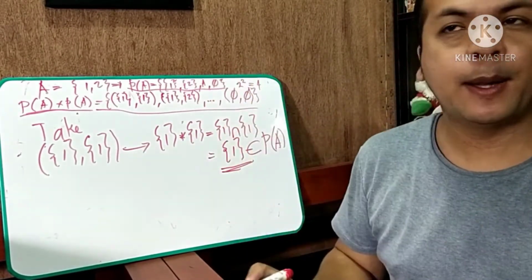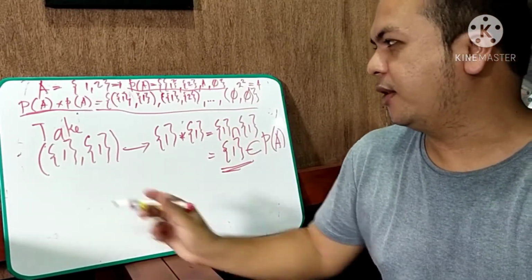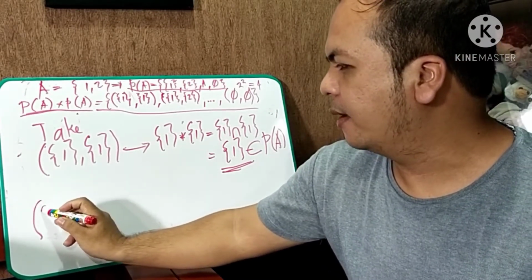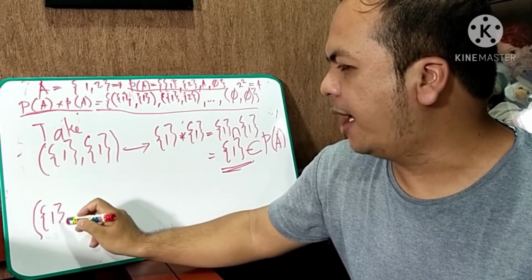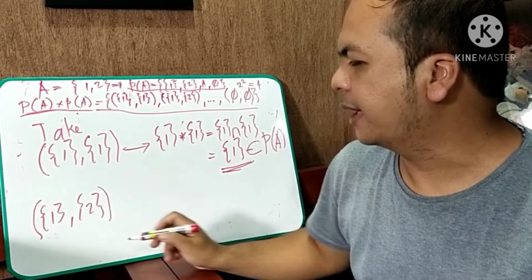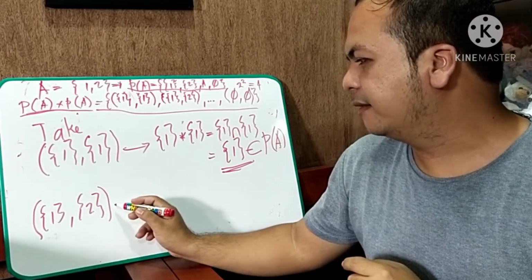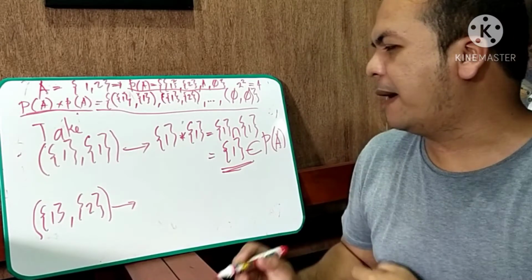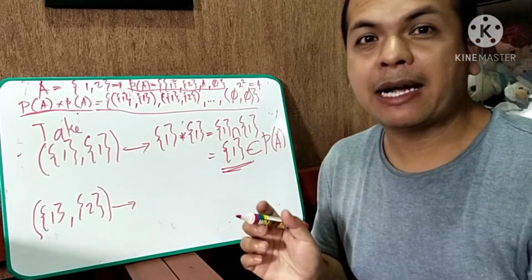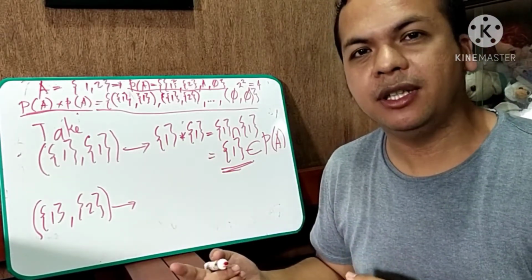So, okay. Now, let's take another ordered pair. We have the ordered pair, say, the set containing 1 and the set containing 2. Then this will be mapped to, okay, paano natin kunin yung makamap niya? Again, we will do the same procedure.